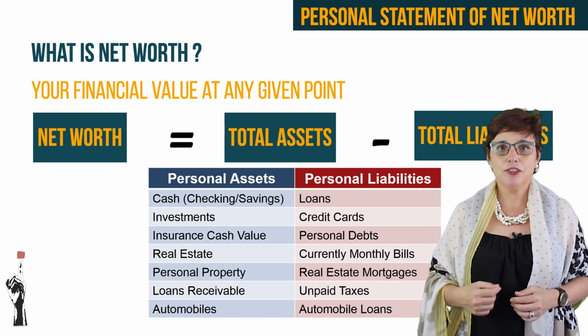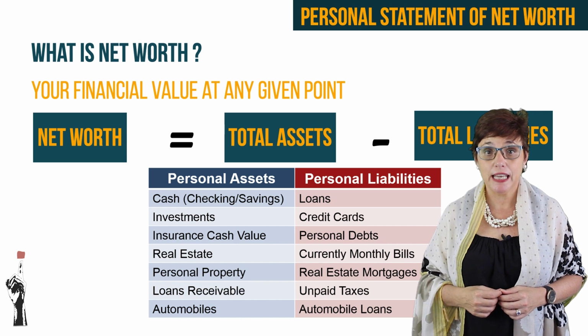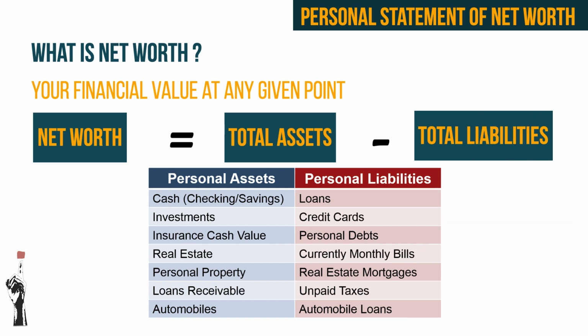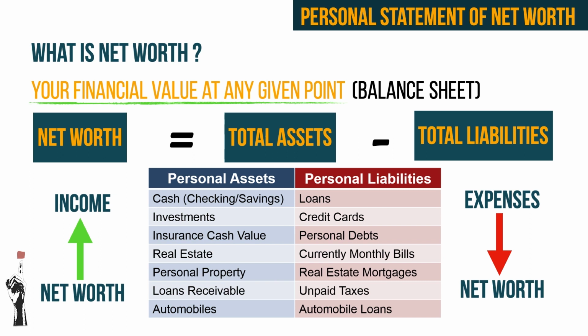So, the total assets minus the total liabilities is your net worth. Your statement of net worth is a balance sheet, and that is your financial value at a specific time. Therefore, expenses decrease your net worth and income increases your net worth.